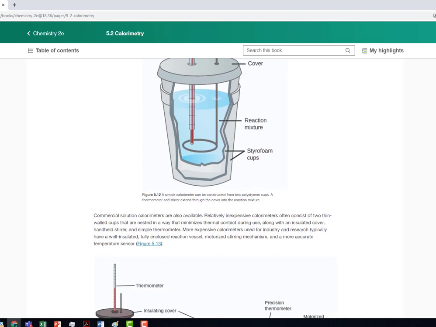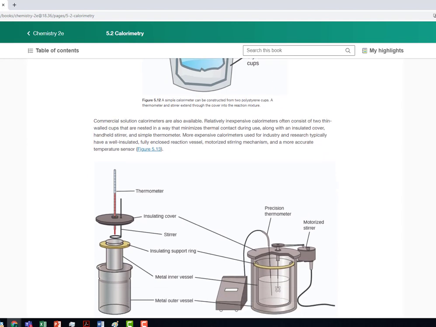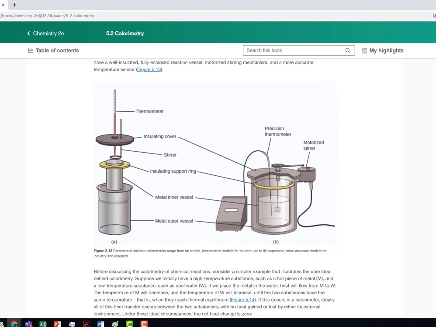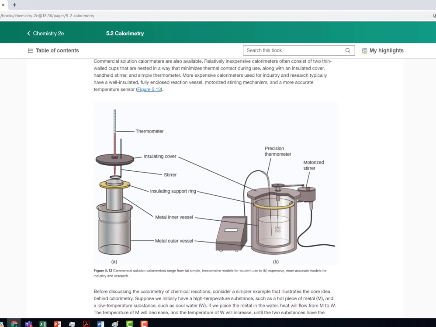So let's look at some additional examples. Here we have a more technical example. We have a motorized stirrer, a high precision thermometer, and then insulation, an insulated cover, and everything goes inside of it.